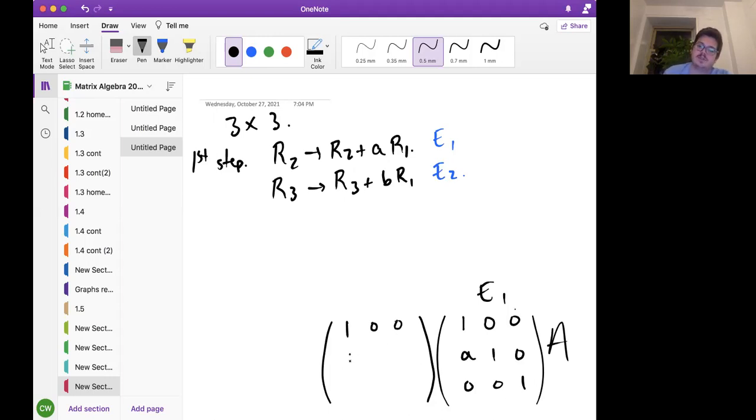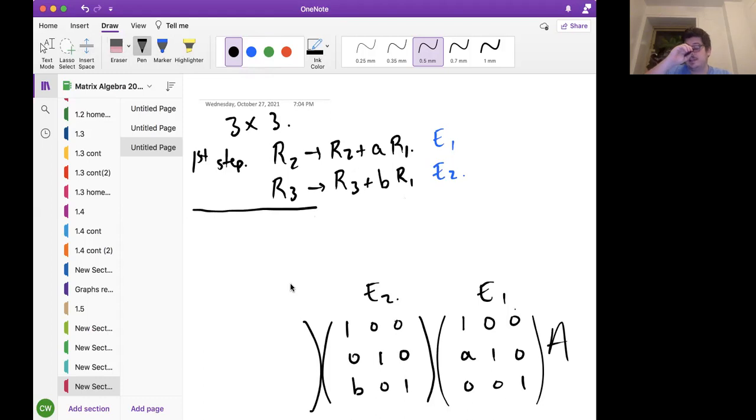Correct, row 2 is not changing. And now what's the third row? Yeah, that's supposed to be a B. But yeah, B 0 1. That's your E2. Now this is your first step in your algorithm. You've eliminated all the entries in column 1.